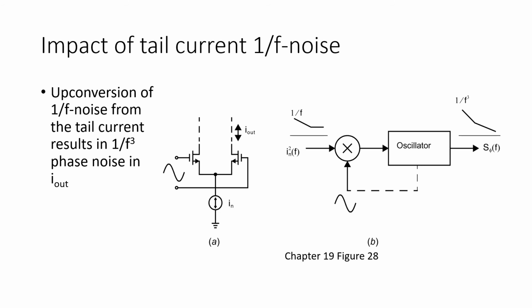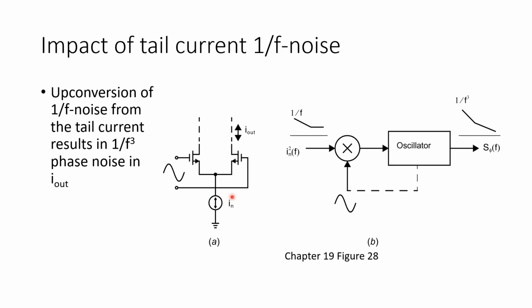Now, that's not the only source of phase noise in integrated circuit oscillators. Other subtle types of noise can give rise to other spectral densities in the phase noise at the output of an oscillator. So, for example, if we consider a simple differential pair circuit that's subject to periodic waveforms with large amplitude at their input, you may know that the resulting drain current at the output of the differential pair is given by this tail current upconverted or multiplied by the voltage waveform at the differential pair input.